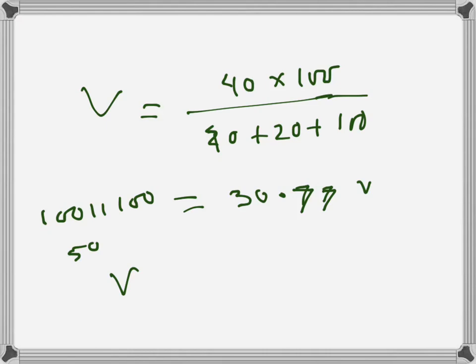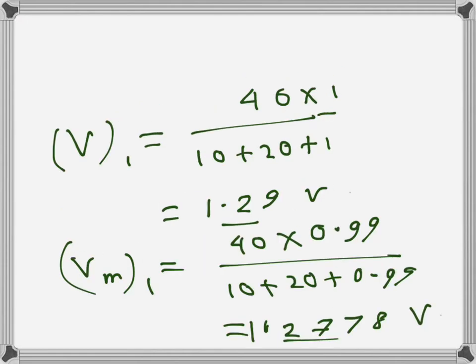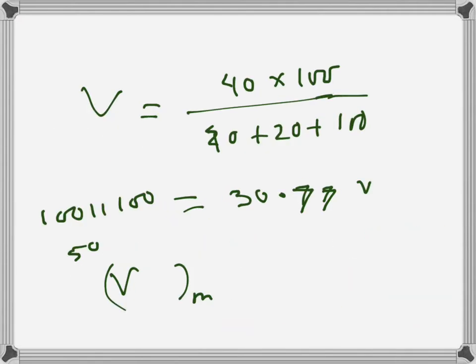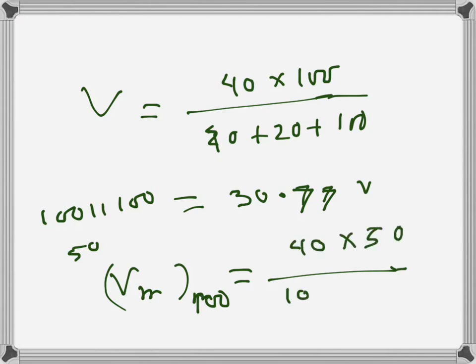So the measured value, Vm for 100, that's how I was writing it, with m as the subscript, will be 40 times 50, because now the resistance is becoming 50, divided by 10 plus 20 plus 50, and this gives us 25 volts.